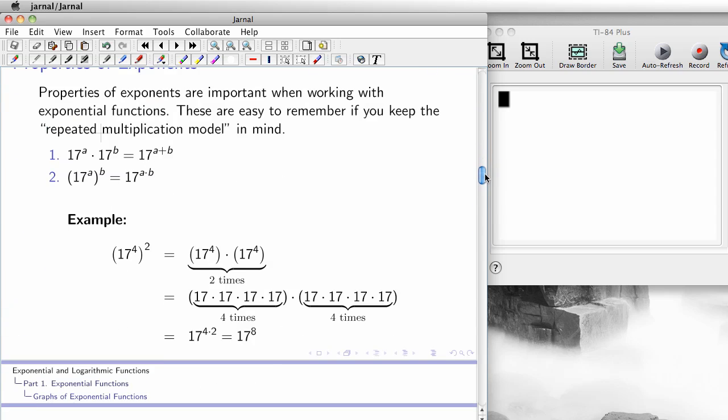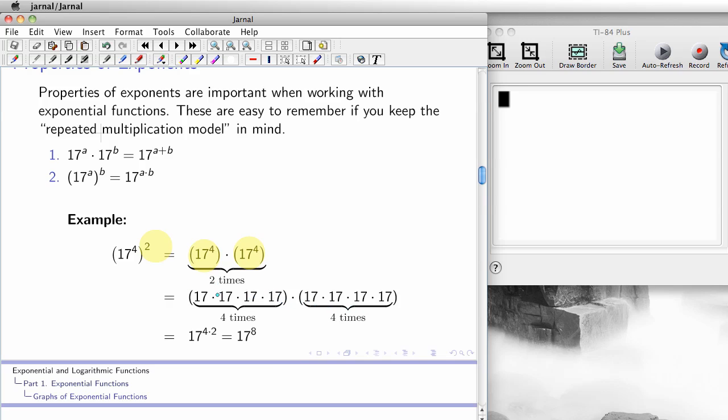The other rule is a little harder for people to keep straight because it involves more exponentiation. It's an exponent to an exponent, but it's the same basic idea. If we had 17 to the 4th, squared, the squaring means to repeat whatever's in the parentheses twice. So we have 2 of these, and 17 to the 4th is 4 17s every time you see it.